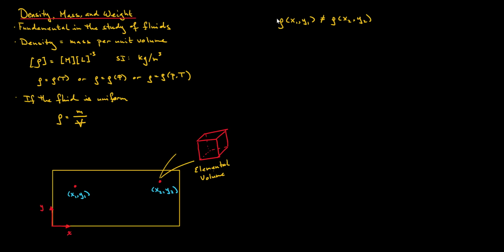So the elemental volume has a volume which we will call delta V. It also has a mass which we'll call delta M. Therefore, the density of this elemental volume is equal to the elemental mass divided by the elemental volume. So we can state this as delta M by delta V.